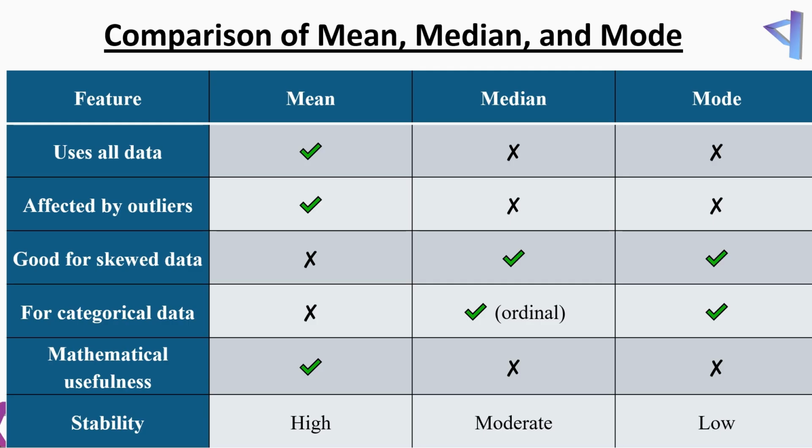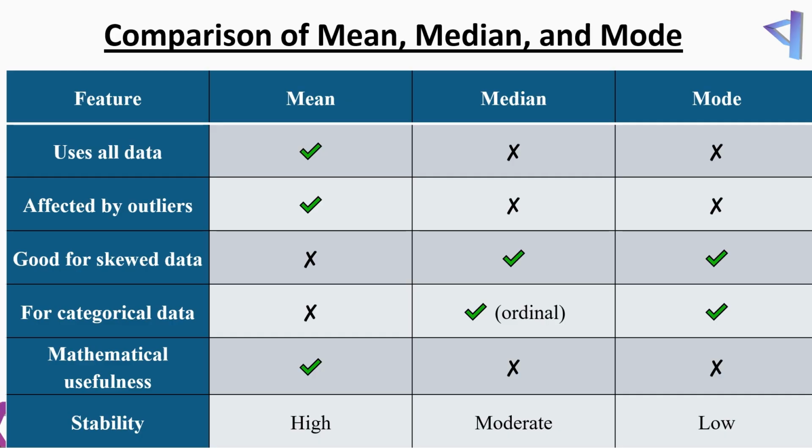The mode is particularly useful for categorical data such as favorite color or shoe size, where numerical averaging is not meaningful and the objective is to identify the most frequently occurring category.